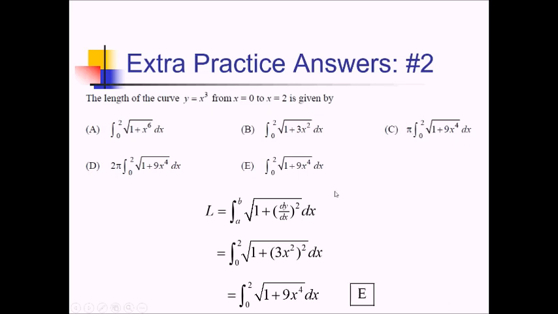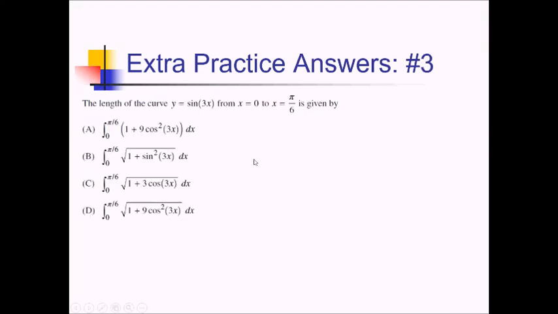So choice E. For this problem, I want the length of y equals sine of 3x from 0 to pi over 6. So because I'm doing this with respect to x, I'm going to use this formula right here, where we have 1 plus dy over dx squared inside our square root. So I've got the integral from 0 to pi over 6, and I'm going to do 1 plus that derivative squared.